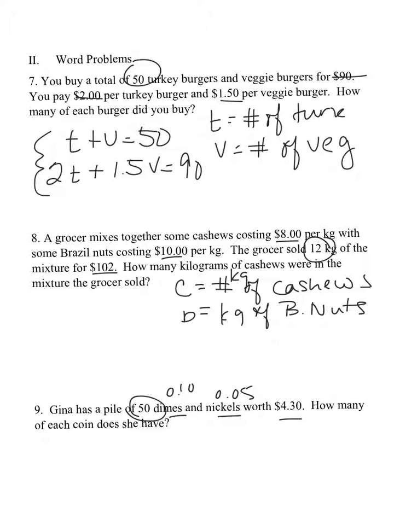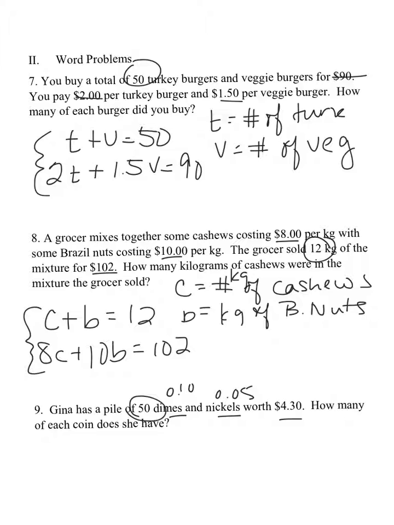Again, we have a total of 12 kilograms being bought. So cashews plus Brazil nuts equals the 12 total kilograms. And then we also have the price per kilogram. So $8 per kilogram of cashews plus $10 per kilogram of Brazil nuts is equal to the $102 that you spent. So there is your system for that one.